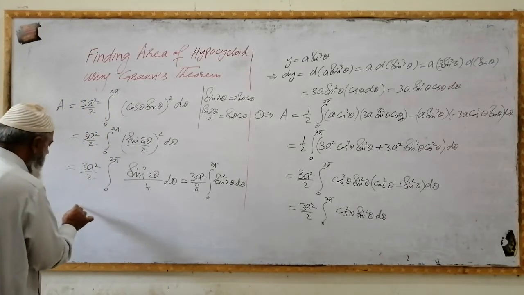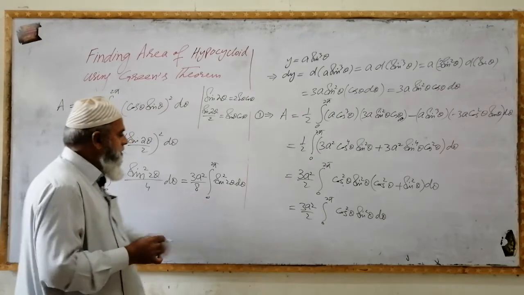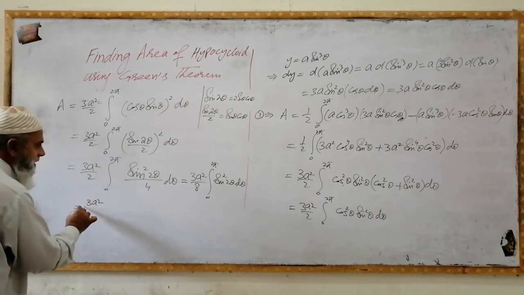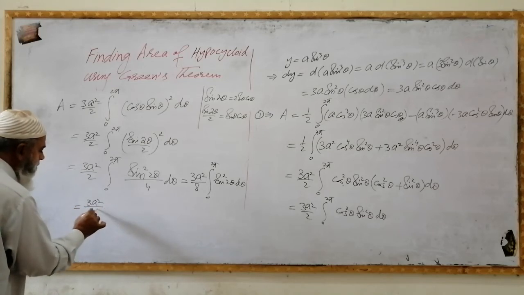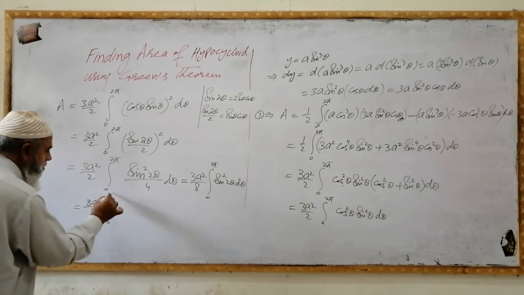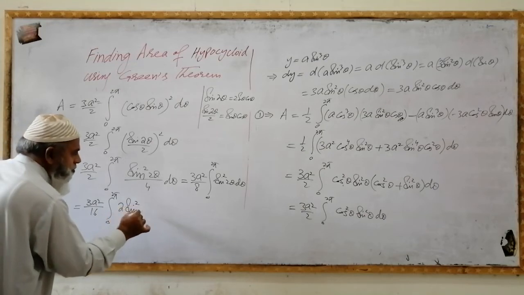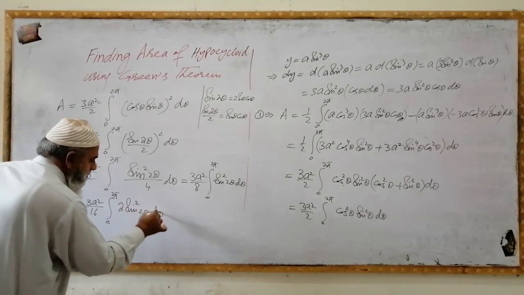Next we can write it as 3a square, by multiplying and dividing by 2, over 16, 0 to 2 pi, 2 sin square 2 theta d theta.